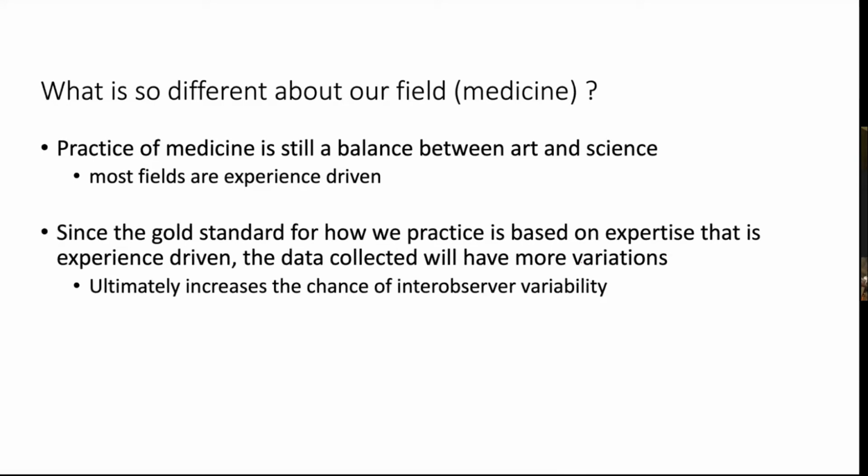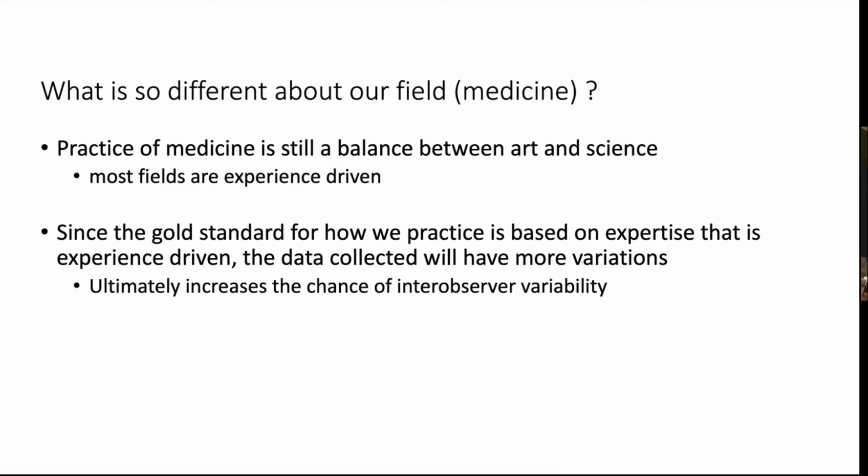And then the other thing is that within the practice of medicine, pathology and other aspects of medicine, there is always this inter-observer variability. Depending on what field of medicine you're talking about, that inter-observer variability, even for experts, could be great.